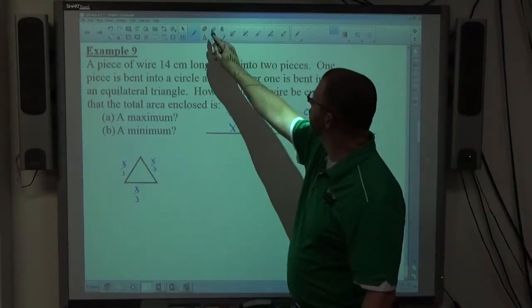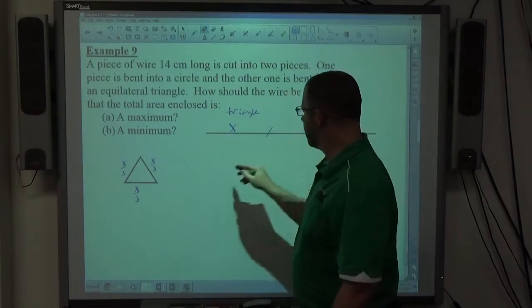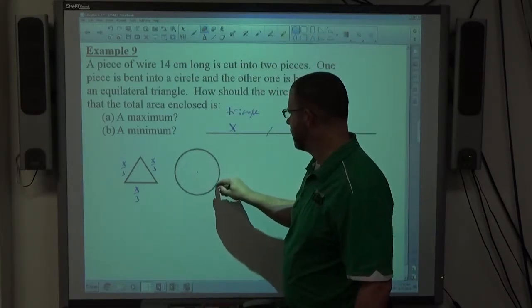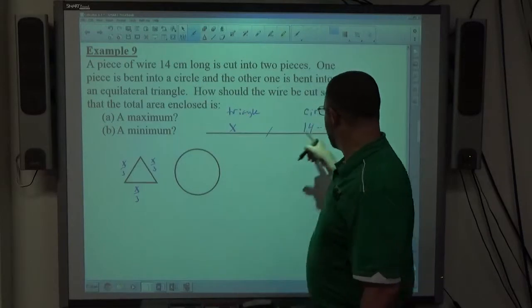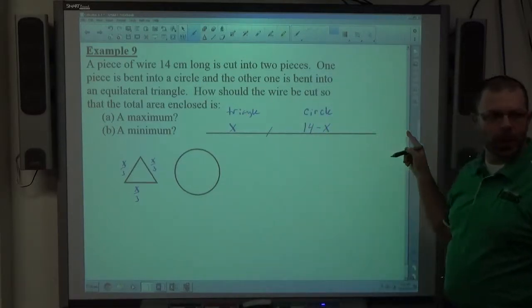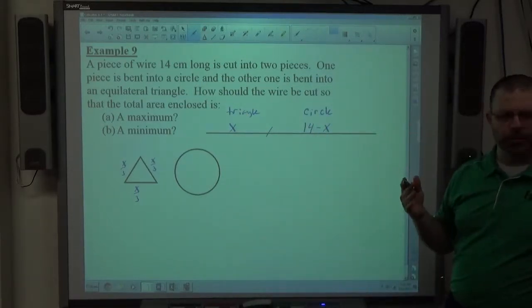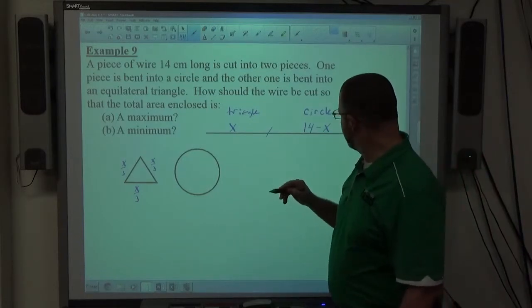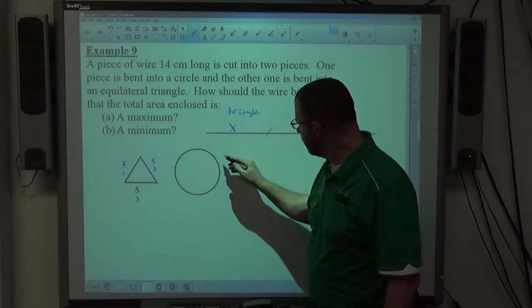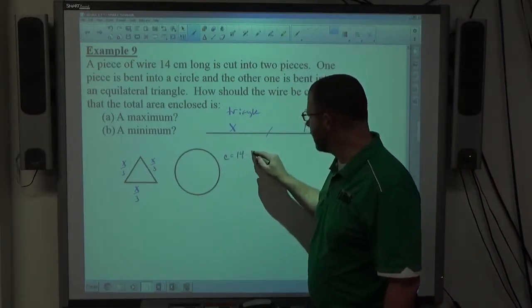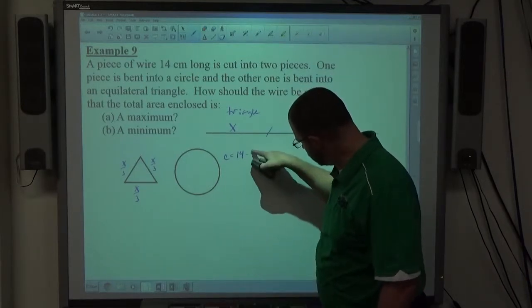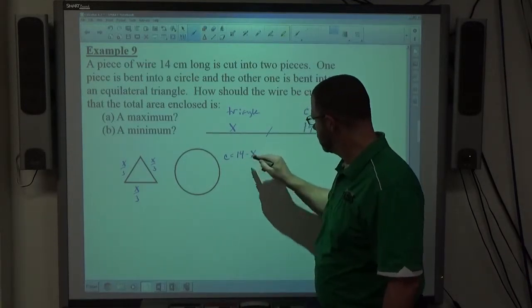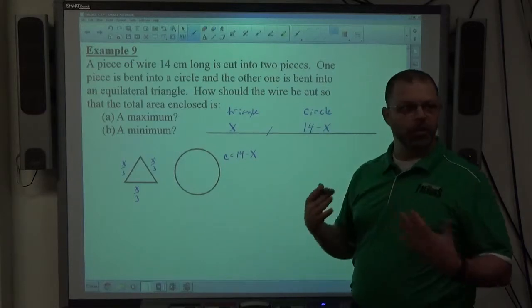And if we consider the circle being created out of this other piece, the circumference of that circle would be the length of the wire being used to form it. So I would know that the circumference of this is 14 minus X. And we know circumference is 2 pi r, right?